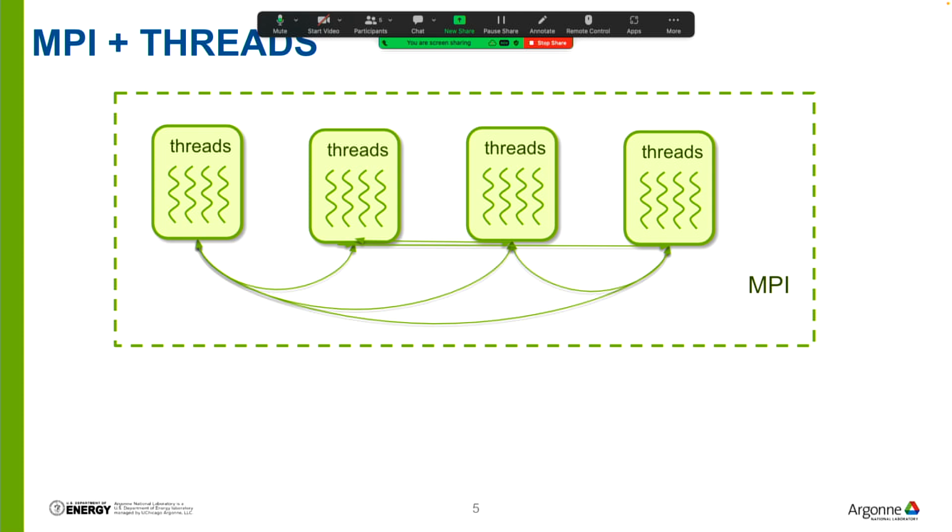Unfortunately, MPI+Threads is a rather compromising paradigm. As shown here, the threads and MPI actually live in rather separate worlds, and the threads cannot take advantage of MPI's message passing for synchronizing between the threads.